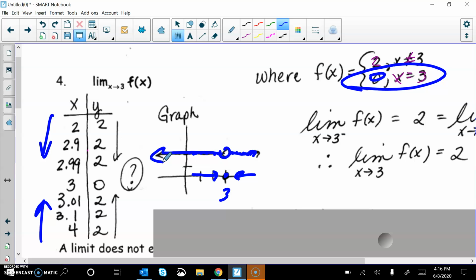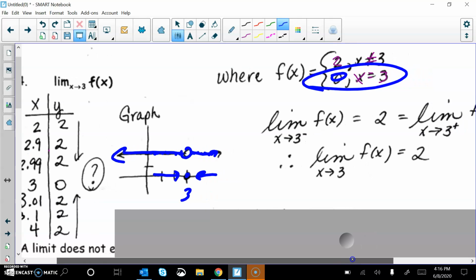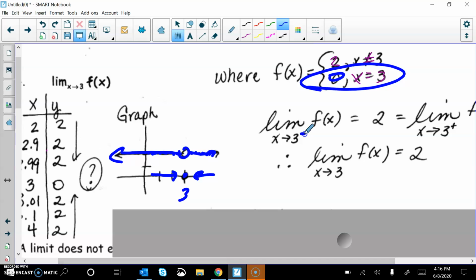The limit is going to be 2. So it's not exactly where the function is at. If you go from the left, the y coordinate is 2. As we come in from the right, the y coordinate is 2. So the limit as x approaches 3 is equal to 2.